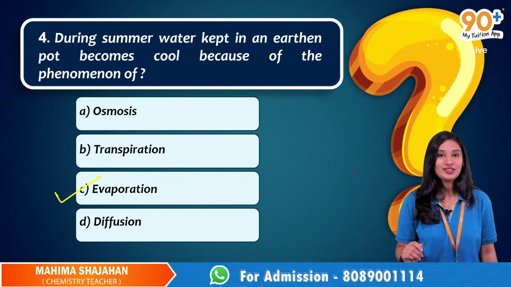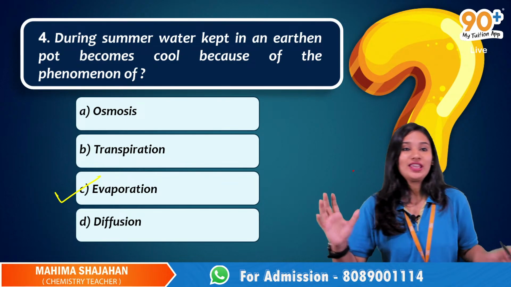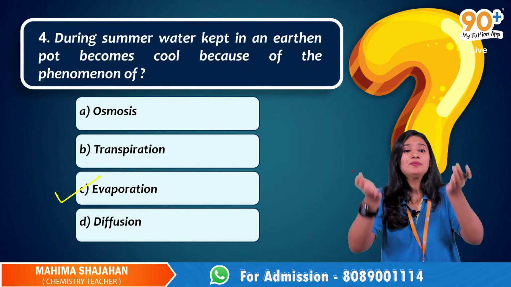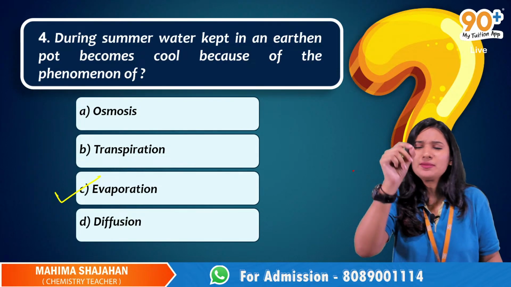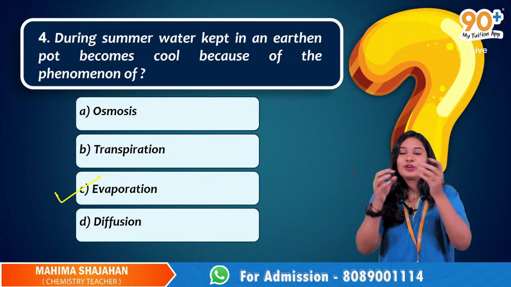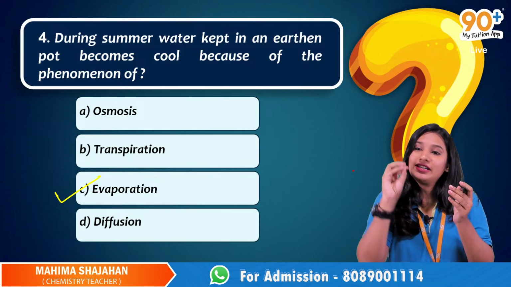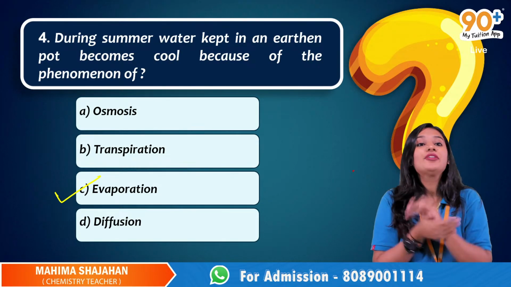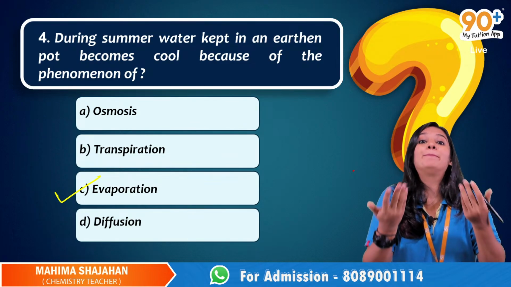Now, if you have seen earthen pots, they have some tiny holes in them. The water continuously seeps into these pores, and it will evaporate.